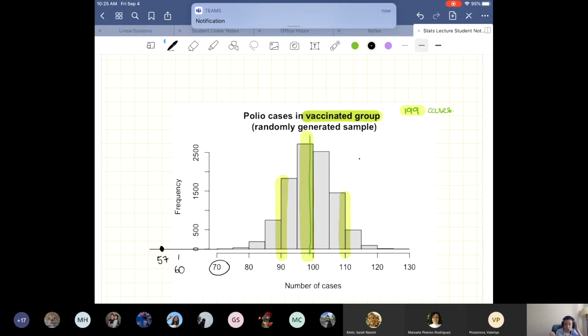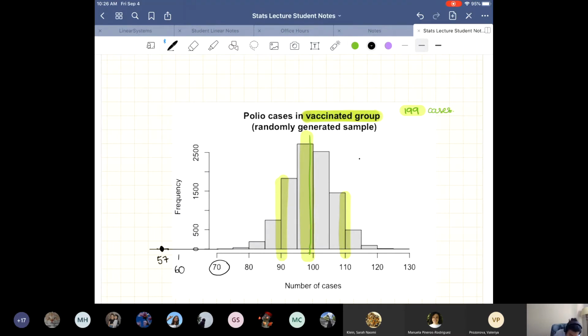Probably if I did maybe 100,000 or a million simulations, I would get one lonely simulation that ended up here, but it is very unlikely. Most likely, I'm going to end up with about 99 cases or 100 cases, and it's very unlikely that I end up with 57 cases, so with only 57 of the 199 cases in the group that was vaccinated.